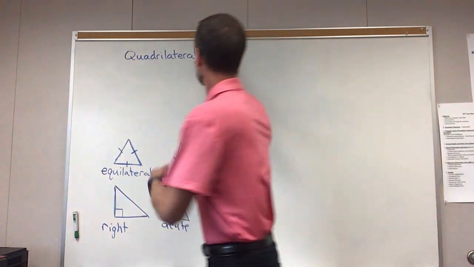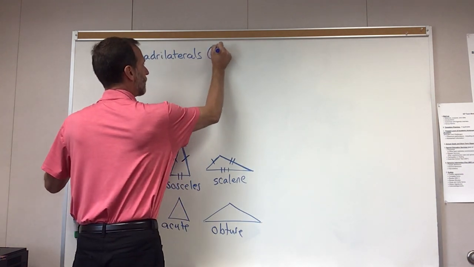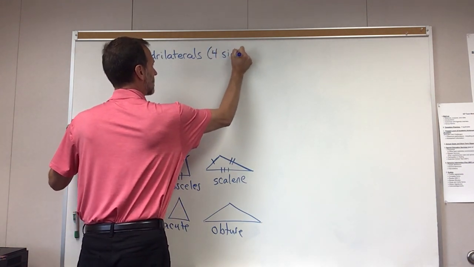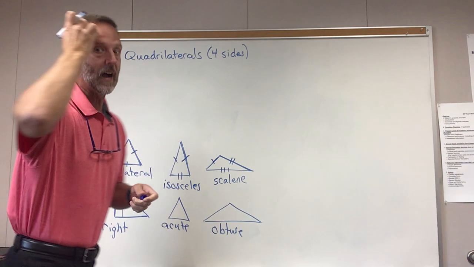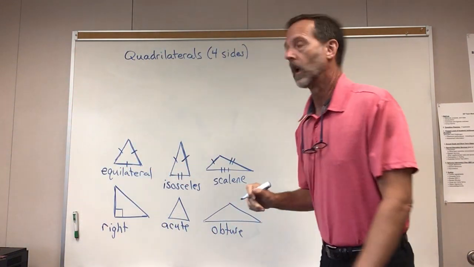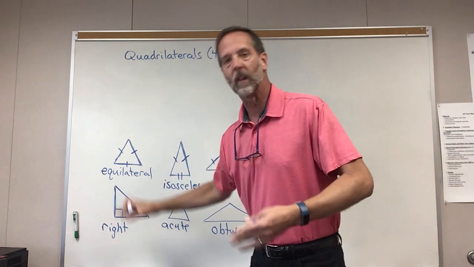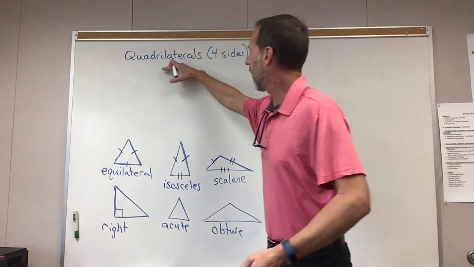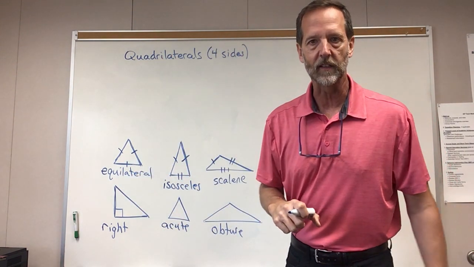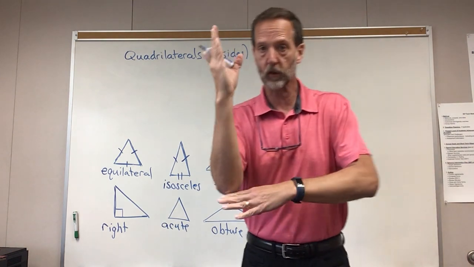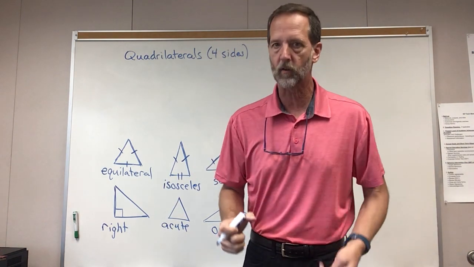Quadrilaterals are any figure that has four sides. Those are quadrilaterals. Quad means four. Lateral again means sides, just like equilateral meant equal sides. Quadrilaterals, four sides. Okay? So anything that has four straight sides and is closed is a quadrilateral.